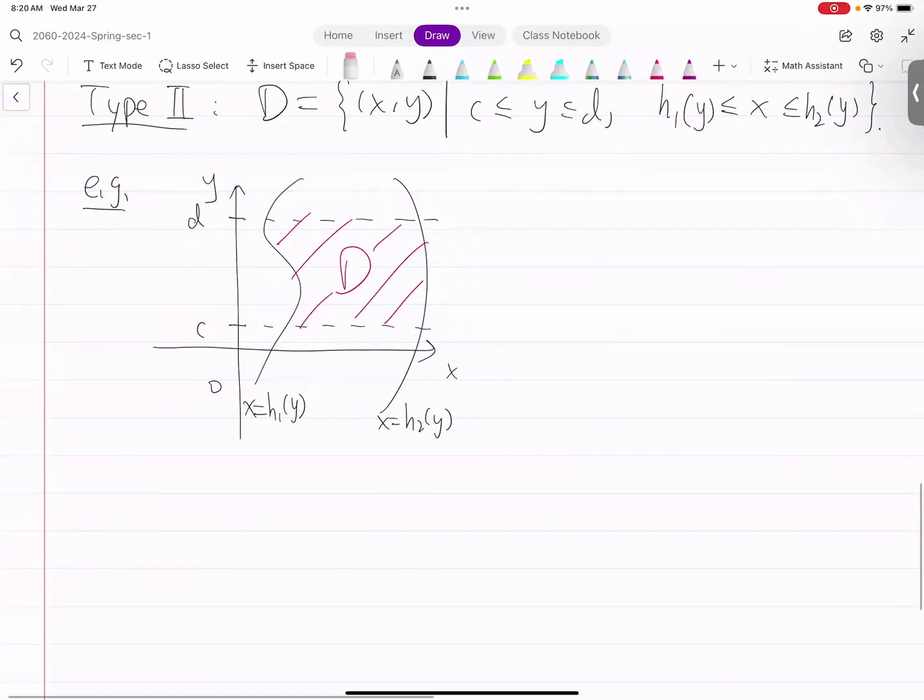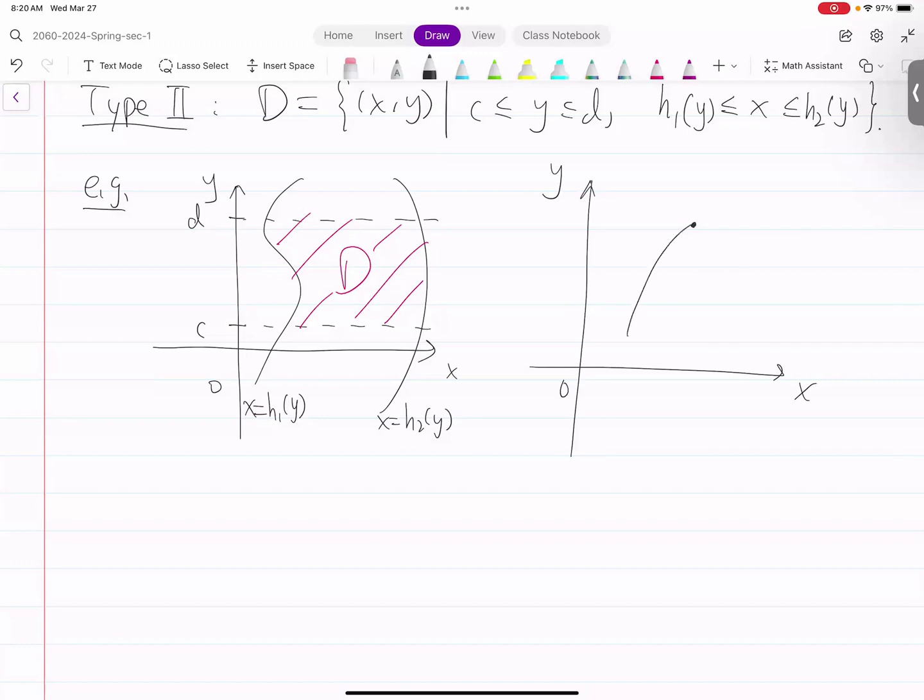But it's also possible that these two kinds of boundaries can degenerate to points. So let me quickly draw one having a single point. Let's say as the upper boundary, it just splits into two curves again.